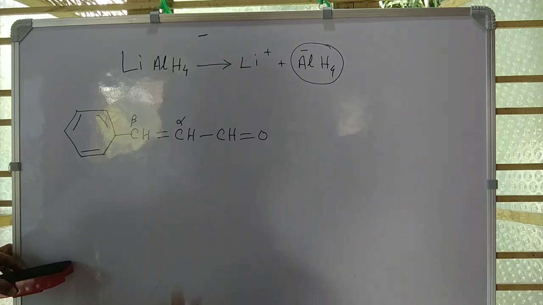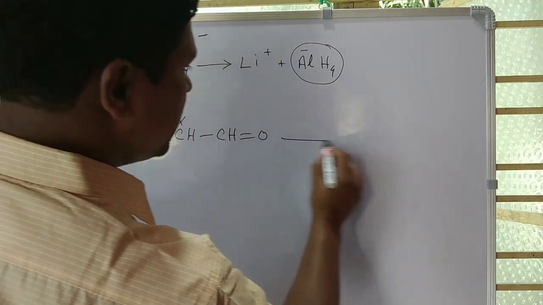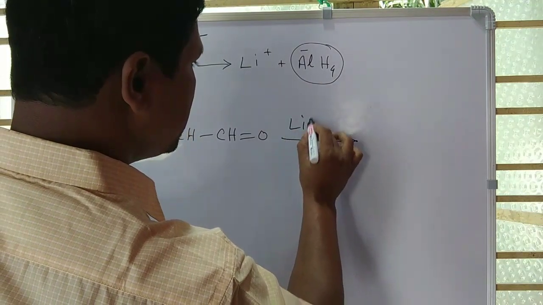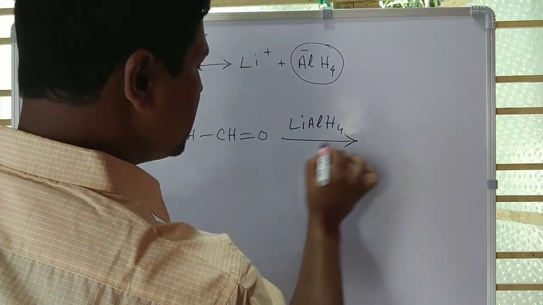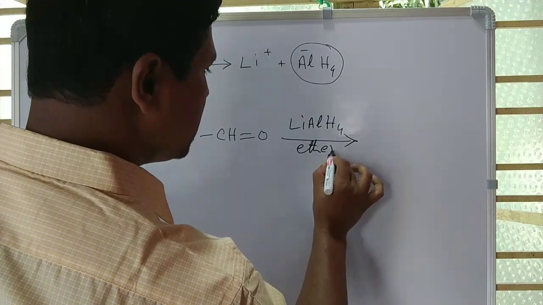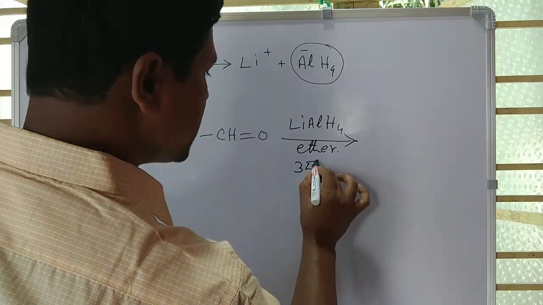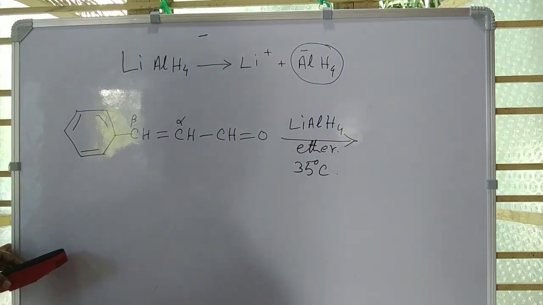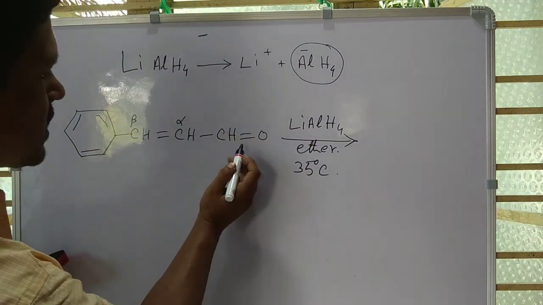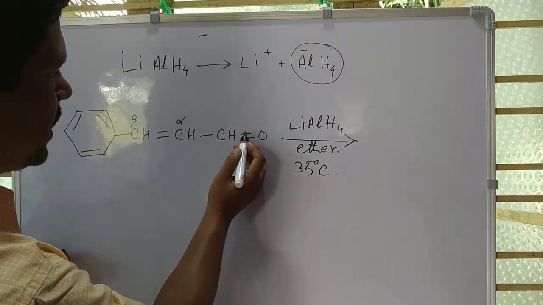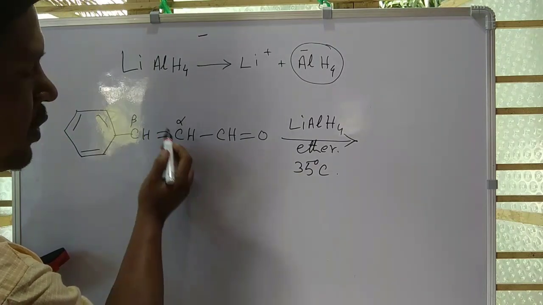So if we treat that type of compound with lithium aluminum hydride in ether at room temperature of 35 degrees centigrade, then this double bond will be reduced as well as the aldehyde.